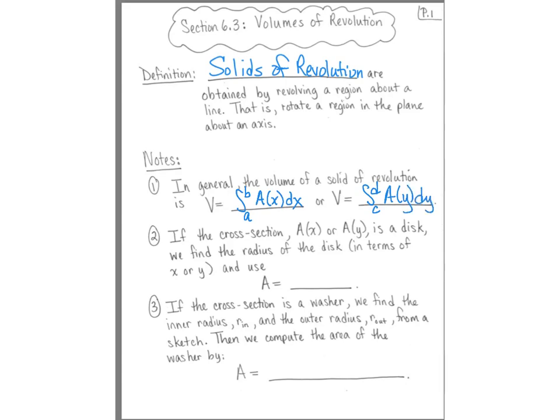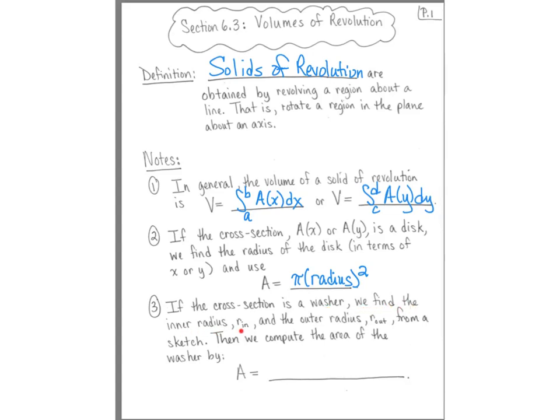So if the cross section A of x or A of y is a disk, then we find the radius of the disk in terms of x or y, and we use A equals pi times the radius squared.